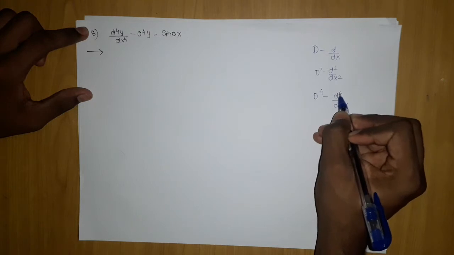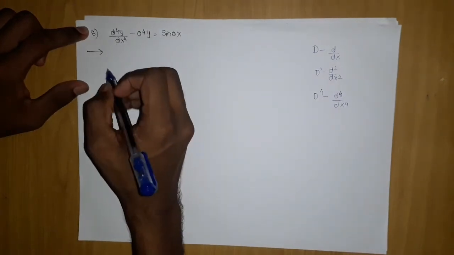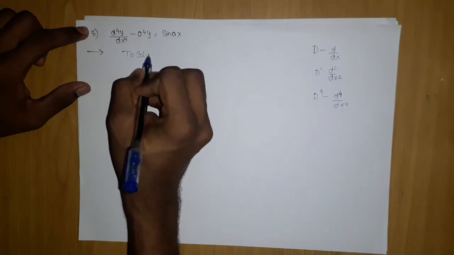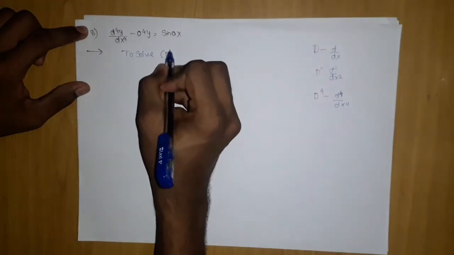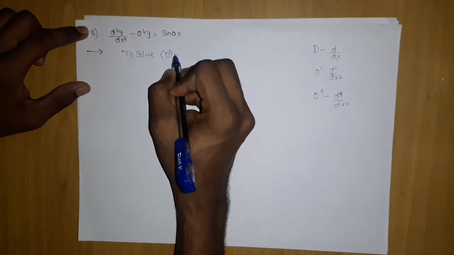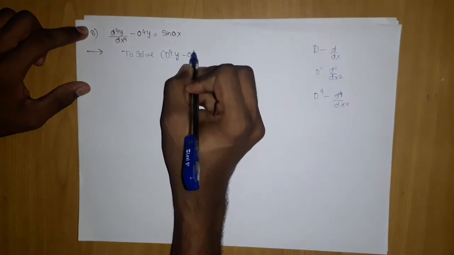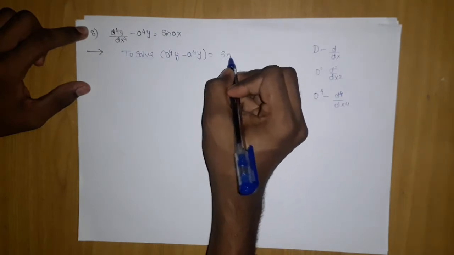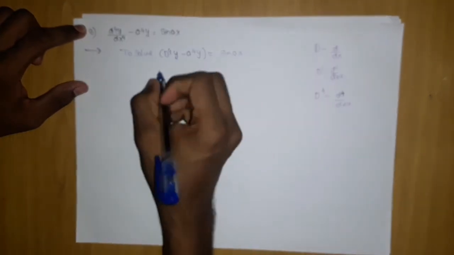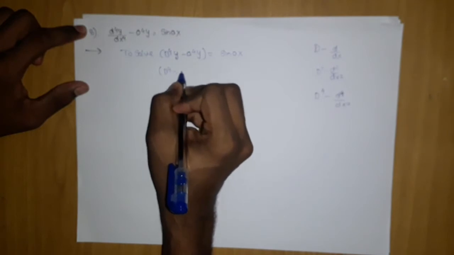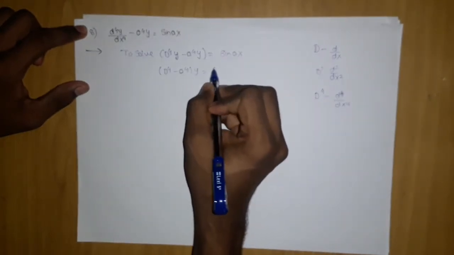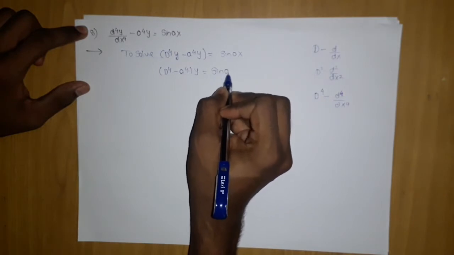So we can write D power 4 minus a power 4, with y as it is, equal to sin ax. Further, you can take the y outside, which creates the f of D into y format, which was our main target.